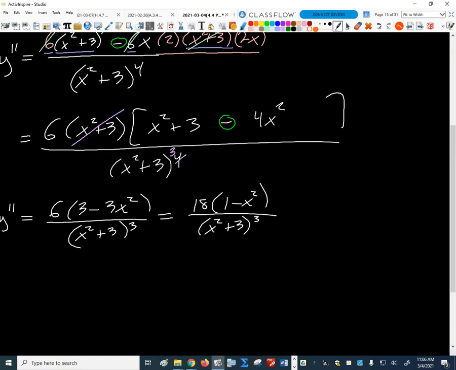Where is the second derivative equal to 0? So y double prime equals 0 when that factor is 0, right? That factor is 0 when x squared equals 1. So what are my values of x? Type it in chat. What are the values of x where my second derivative is 0?